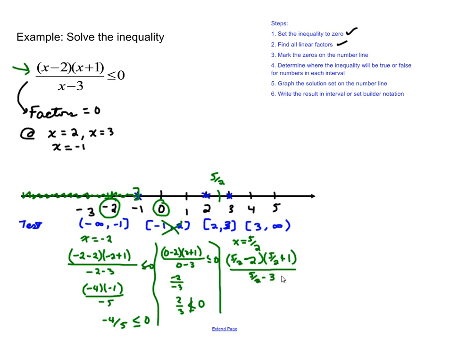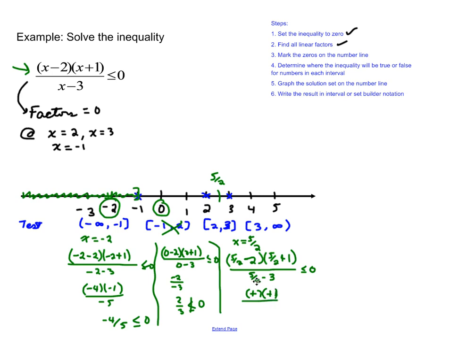Now, I'll tell you, we don't really have to know what these numbers are when we work them through. If you take 2.5 and subtract 2, you're going to get a positive number for this factor, 5/2 minus 2. If you take positive 5/2 and add 1, you're going to get a positive number.